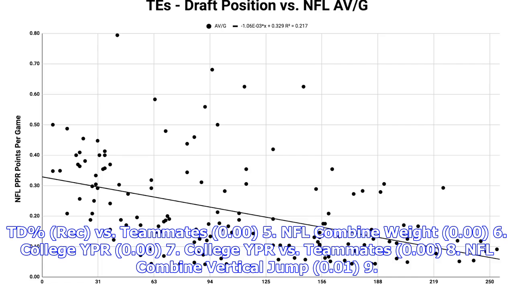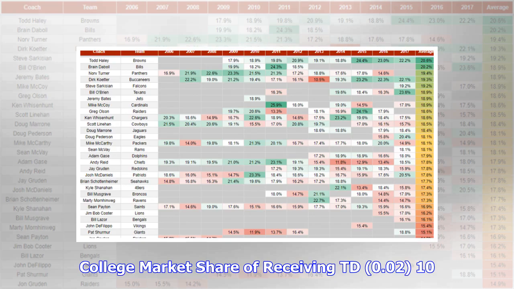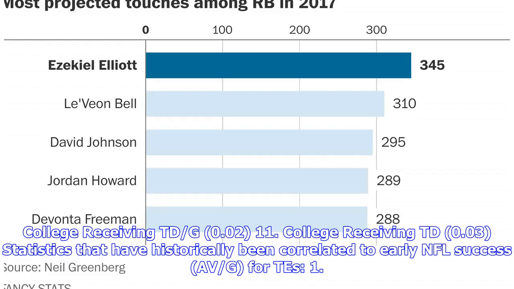College YPR versus teammates, 0.008. NFL Combine Vertical Jump, 0.019. College Market Share of Receiving TD, 0.02. College Receiving TD per game, 0.02. College Receiving TD, 0.03.